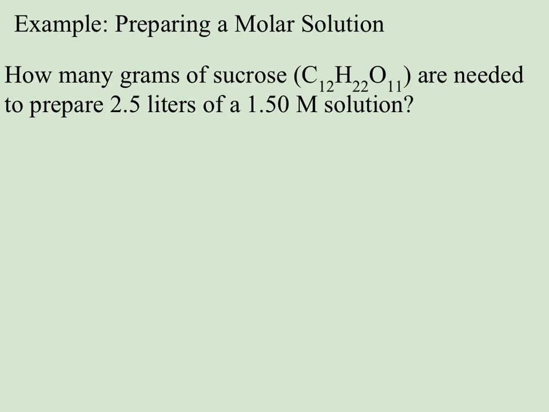So I need to find X moles of sucrose for a 2.5 liter solution with a molarity of 1.50. So if I multiply both sides by 2.5, I find out that I'm talking about 3.75 moles of my sucrose, C12H22O11.